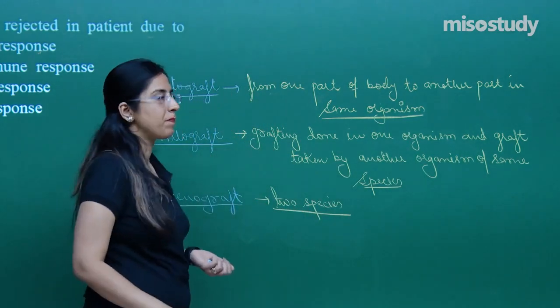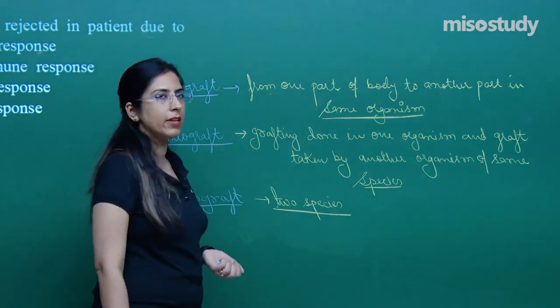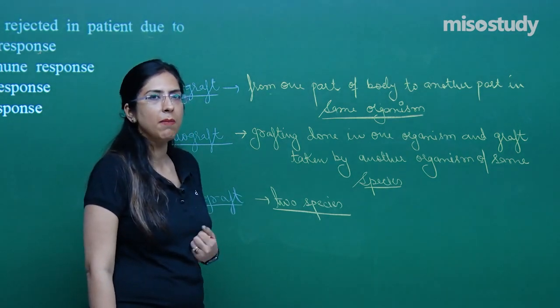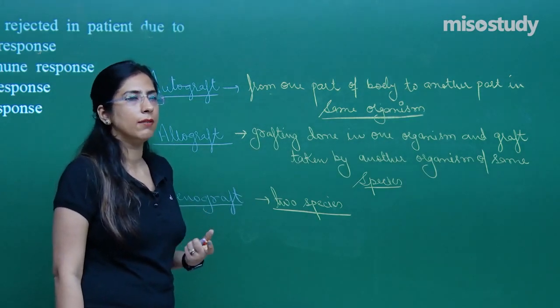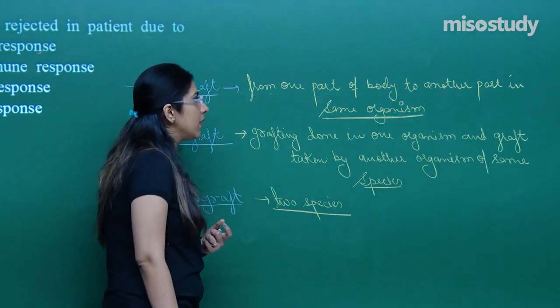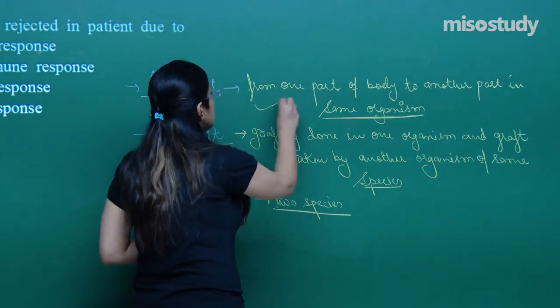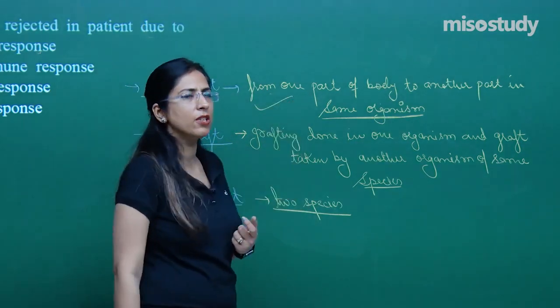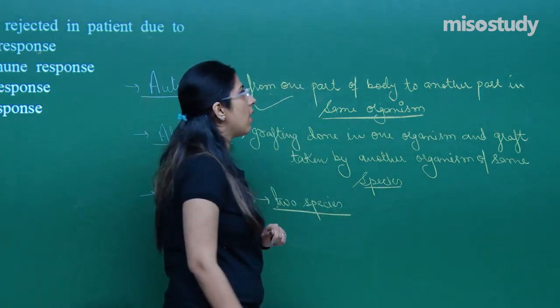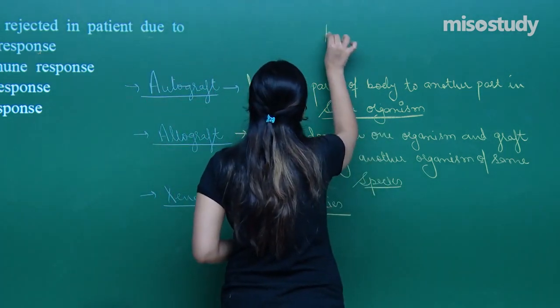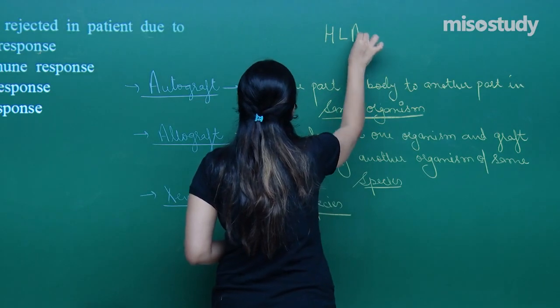When we talk about graft rejection, that means my body has a capability to accept or reject any graft. If that particular graft is from the same organism, the chances of graft rejection are very less or negligible because of the presence of one important factor which is called HLA.